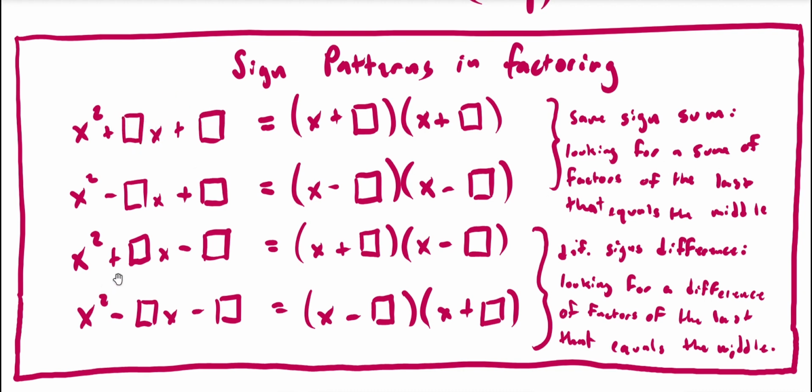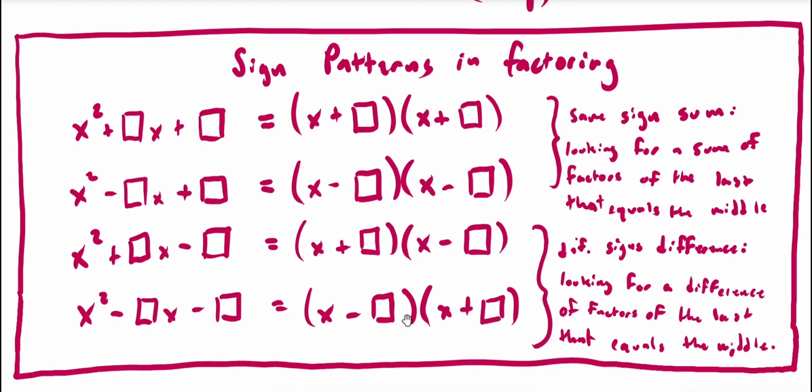If we have instead a different order here, it makes all the difference in the world. We have a plus and then a minus. We're going to need at least one plus because there's a middle term that's a plus here. And then what will multiply by that plus to give me a minus in the last place? We need a minus here. Likewise, if I have both minuses, I have at least one minus, so we can put that here.